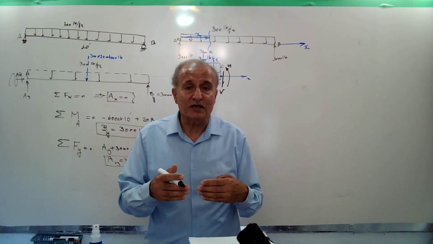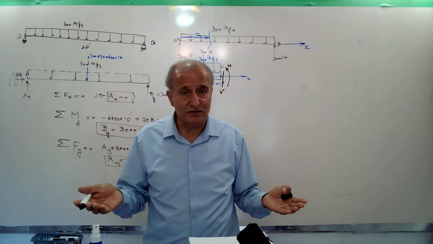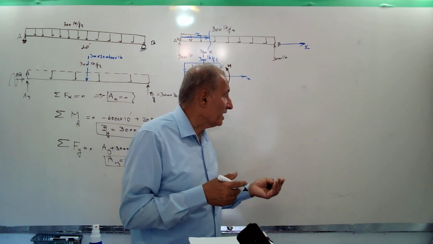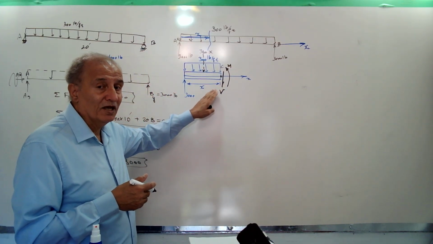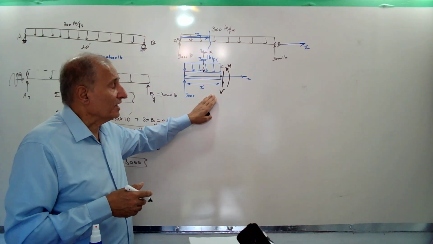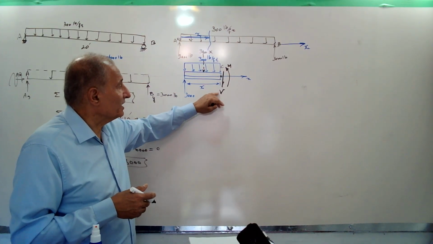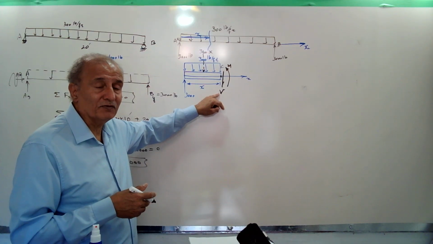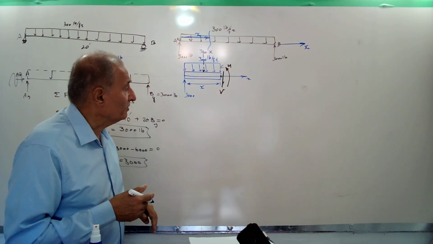When you cut the beam into pieces, you have to consider the left portion or the right portion. We considered the left portion and showed at the cut section the shear force and bending moment in the assumed directions. We calculated V, the shear force, and drew it from 0 to 20 feet for the beam.